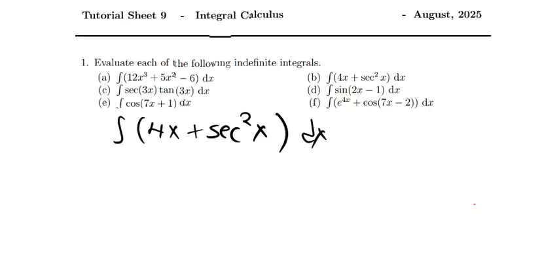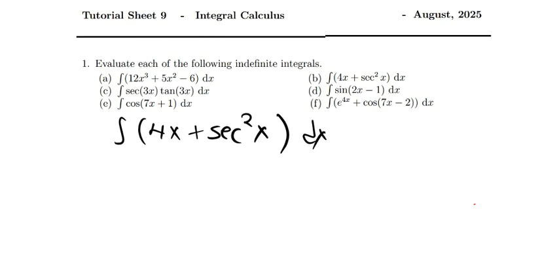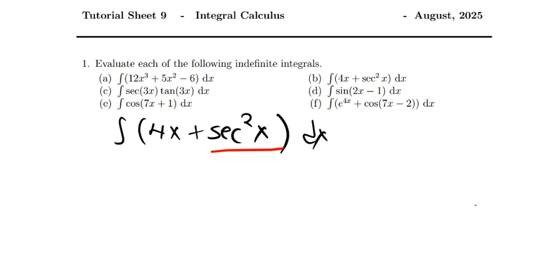So away from that, now let me take you back. So we need to integrate 4x and then also secant squared of x. So secant squared of x, we saw that the derivative of tangent of x was what? So derivative of tangent of x gave us secant squared of x.